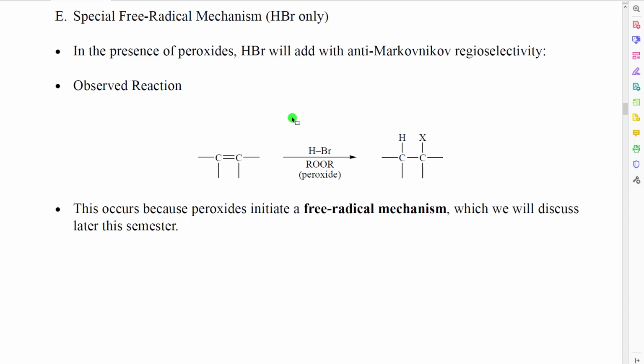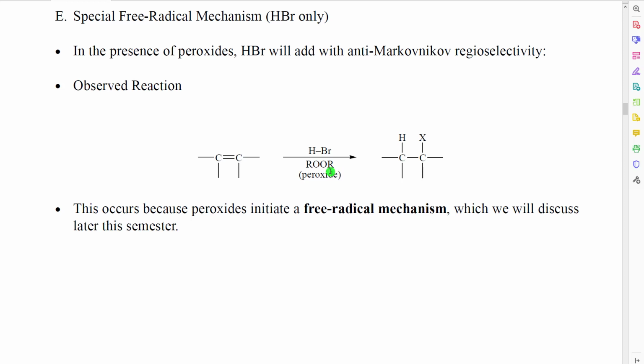Unfortunately, this created a large amount of scientific controversy at the time. And the reason wasn't really resolved until long after Markovnikov passed away. It turned out that the problem was, if the research labs that were trying to replicate Markovnikov's work were not very careful, if they didn't purify their reagents and take care to exclude oxygen, then a small amount of a substance known as a peroxide would be present in the reaction mixture.